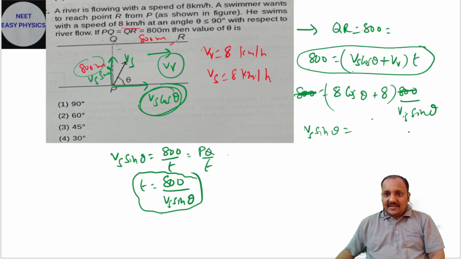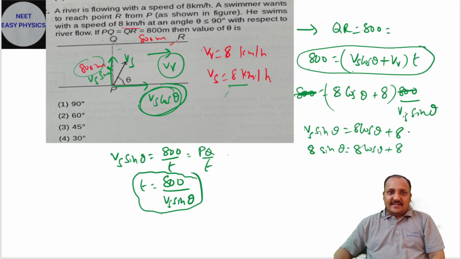Vs sin theta is equal to 8 cos theta plus 8. Velocity of swimmer is also 8. So 8 sin theta is equal to 8 cos theta plus 8. All 8s you can cancel. If you cancel all 8s, then what is remaining? Sin theta is equal to cos theta plus 1.